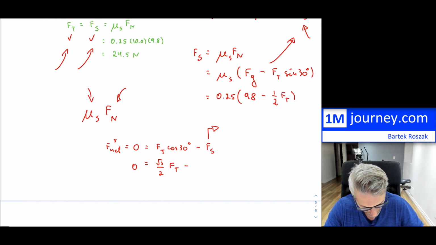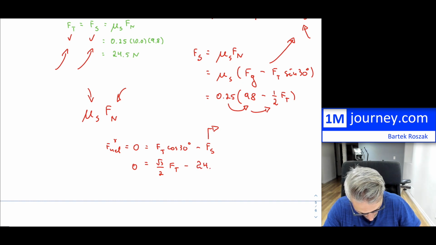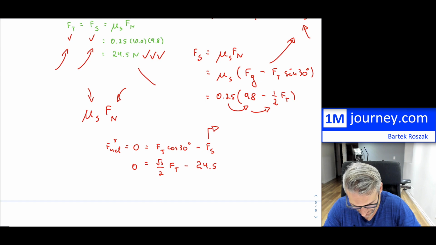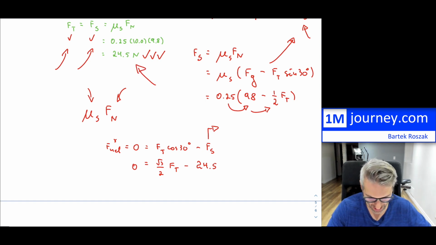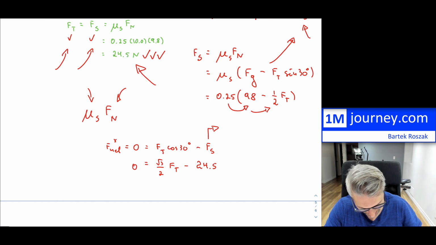And this is going to simplify quite a bit. Now, when I distribute this across in here, this is going to be 24.5, which was your original one that we had right there. This is 0.25 times your mass times your gravity. Now, the other one, so this is going to be minus.